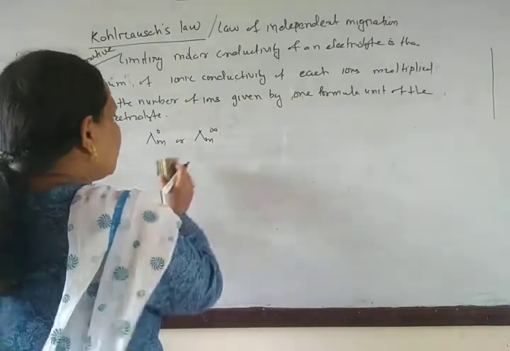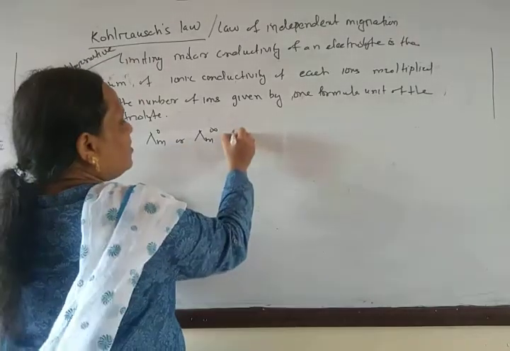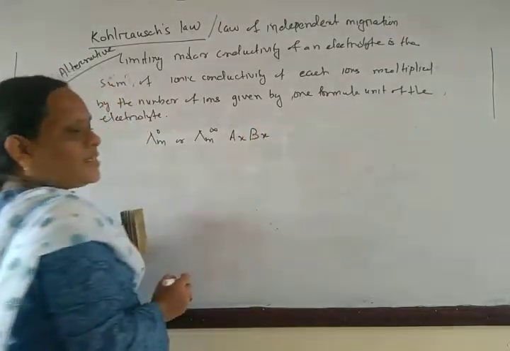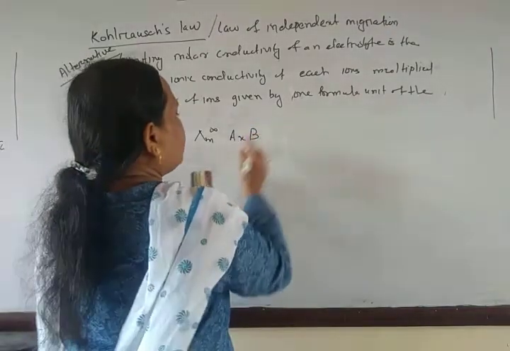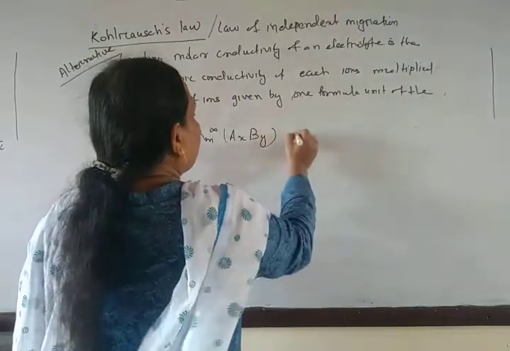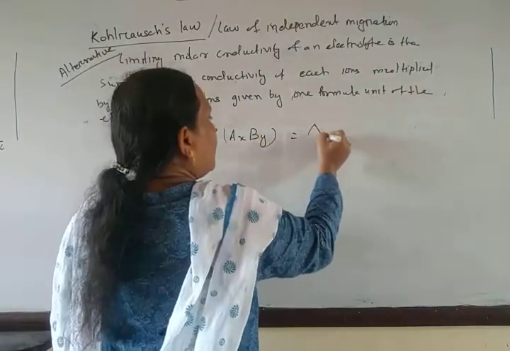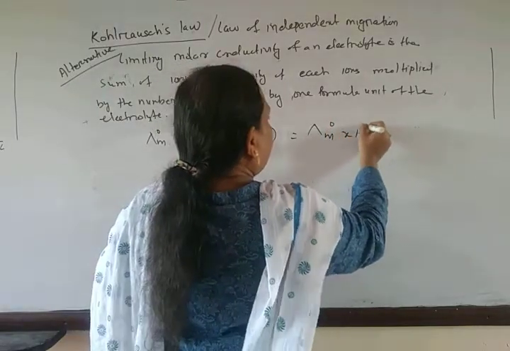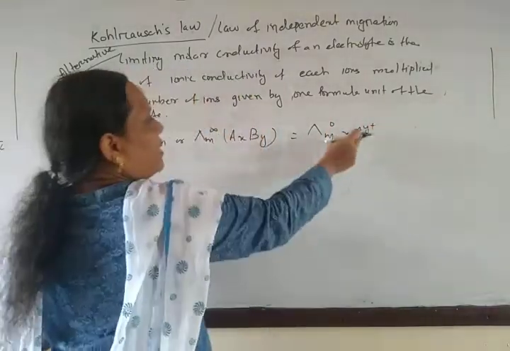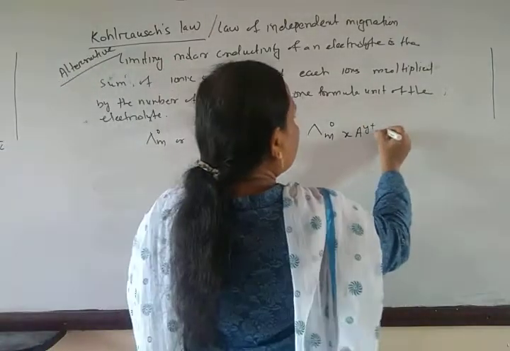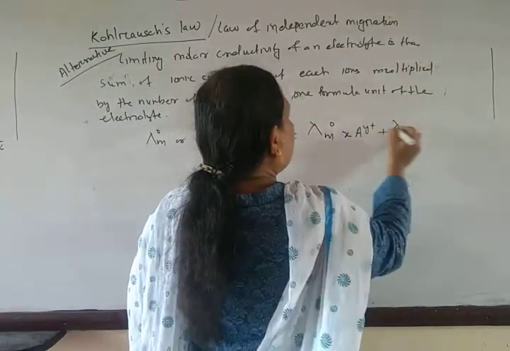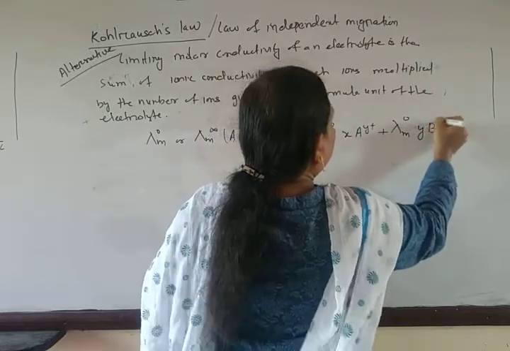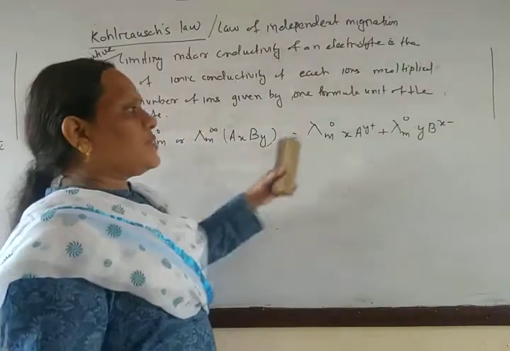So lambda m naught, or lambda m infinity, for an electrolyte A_x B_y equals lambda m naught of A^(y+), the cation, times x, plus lambda m naught of B^(x-) times y.